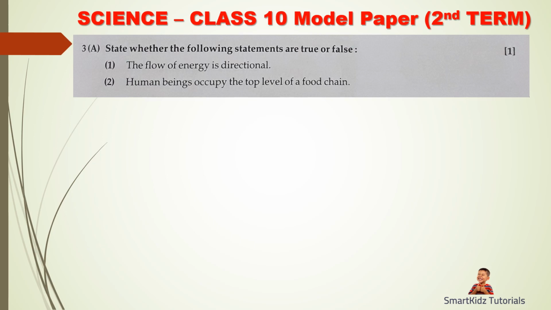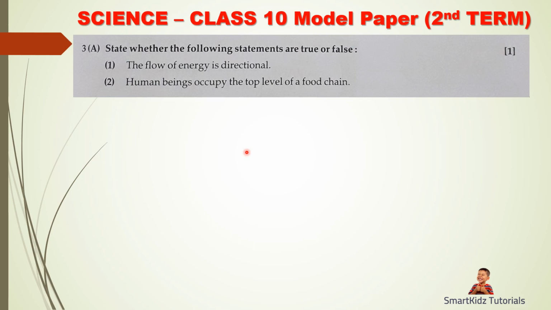Question 3a says, state whether the following statements are true or false. The first statement is: the flow of energy is directional. This is quite an ambiguous question because the flow of energy, as we know, is unidirectional. But if you have a choice between unidirectional, multidirectional and bidirectional, then unidirectional would be correct.